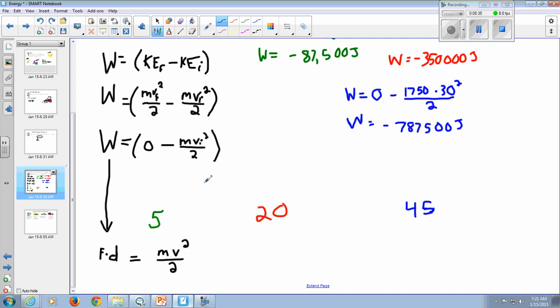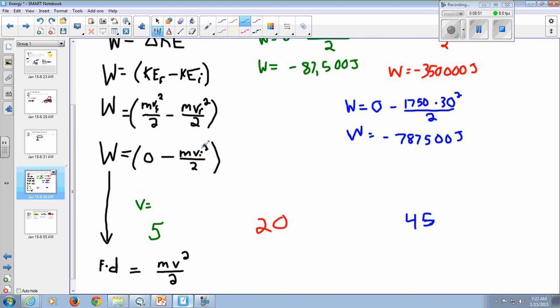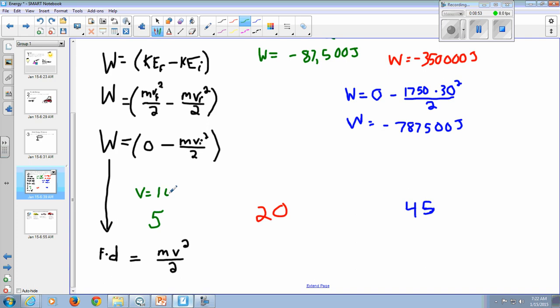you can see as the velocity goes up, if we think about what the velocity of the green car was, it was 10. The velocity of the green car was 10. The velocity of the red car was 20. So as you double the velocity, how much is your stopping distance going to increase in this case? Well, it'll increase by the square of the factor that the velocity went up by.